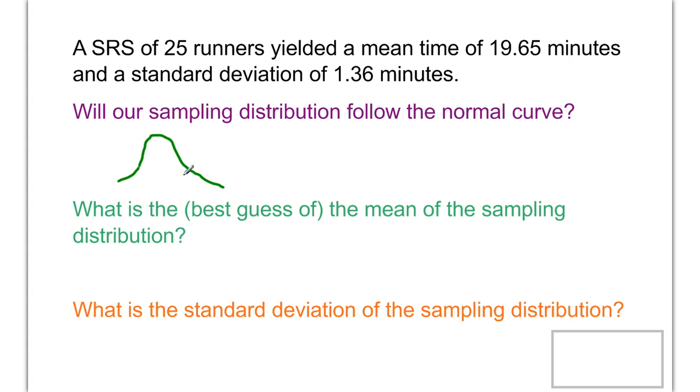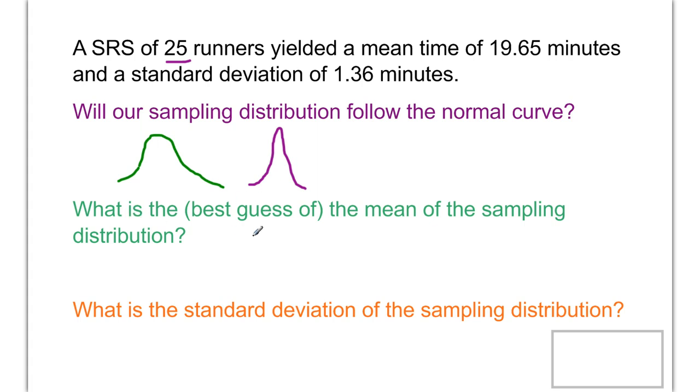Now, if we start out with a base distribution that looks something like this, 25 people is going to be absolutely enough to make sure it follows the normal curve. It's also going to shrink that standard deviation. So our sampling distribution is going to look something more like this compared to that original curve. Probably even tighter than that.